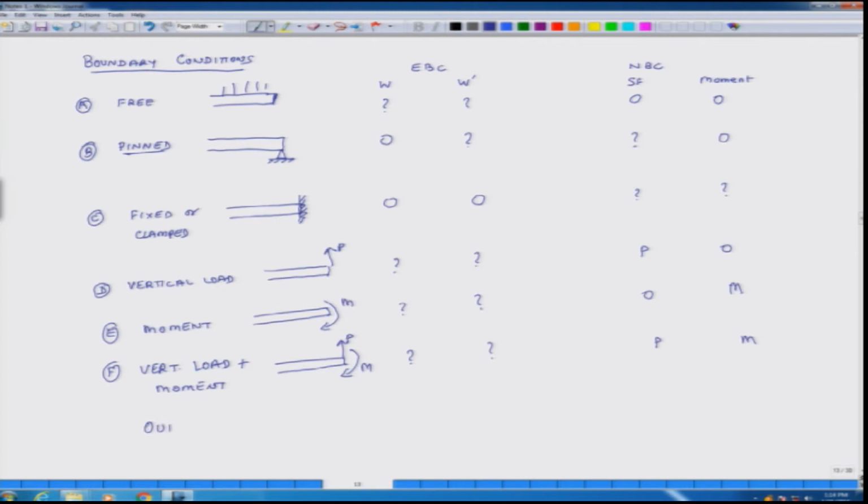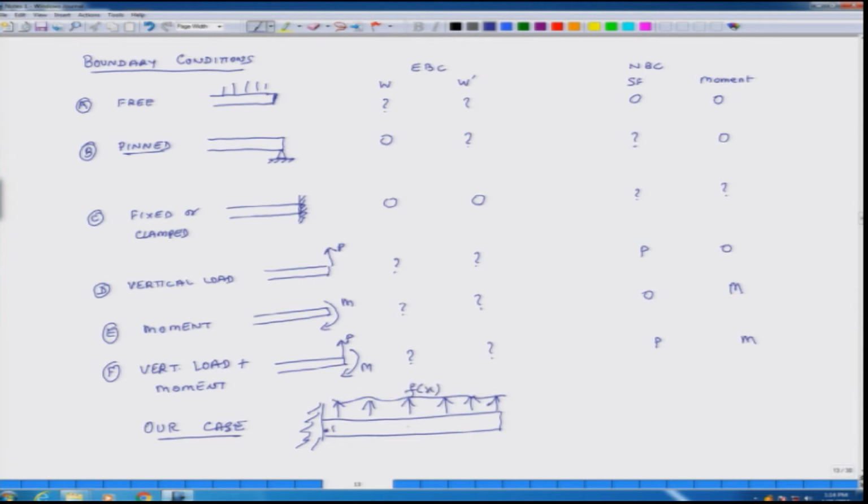Okay. In our case, so let us look at our case. We will consider that the beam is clamped at one end and it has some distributed load, it may or may not be uniform, but it is f of x.